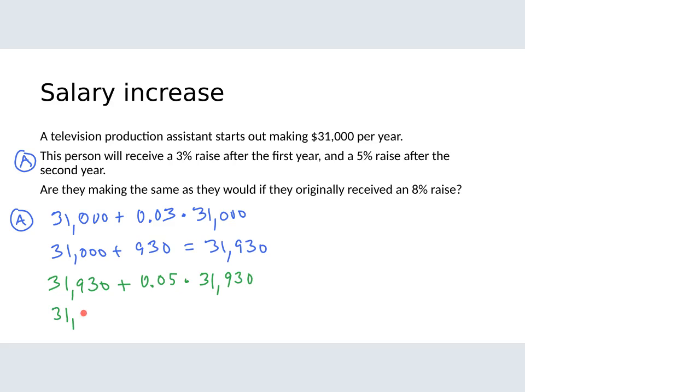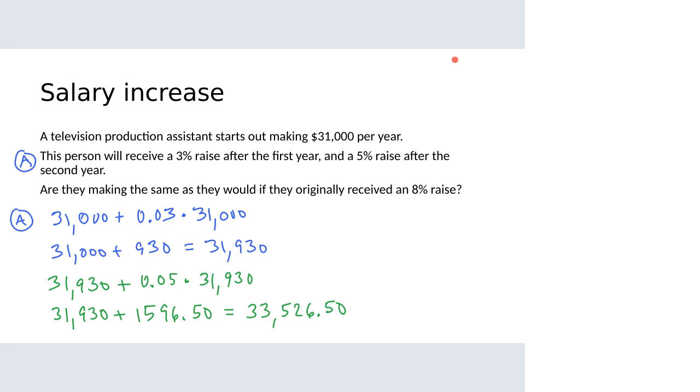They're making the 31,930 plus whatever 5% of that is, 31,930 times 0.05, which is $1,596.50. So after the second year, they get this second raise, and now they're making 31,930 plus that, which is 33,526.50.